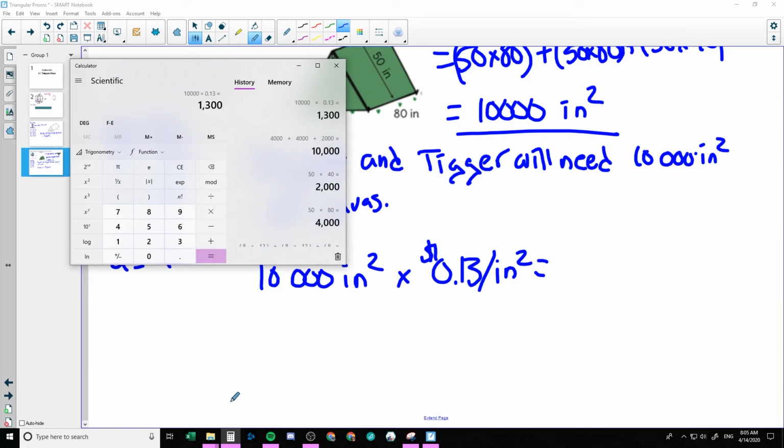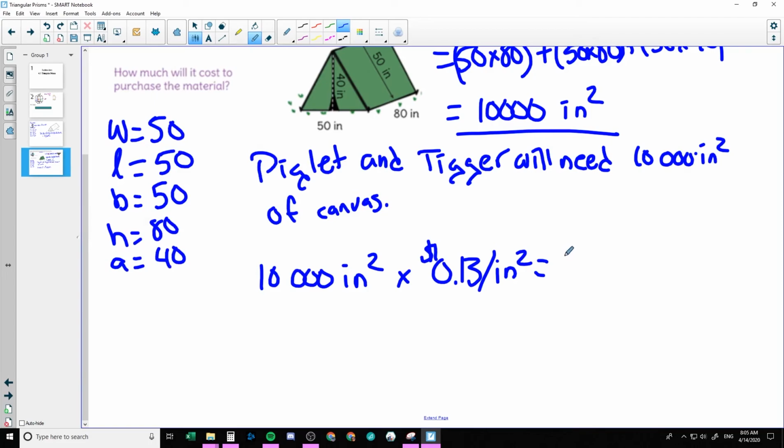And we get $1,300, which is a rather expensive tent if you ask me, especially one that you have to make yourself. That seems like a lot, unless it's like some really nice tent.